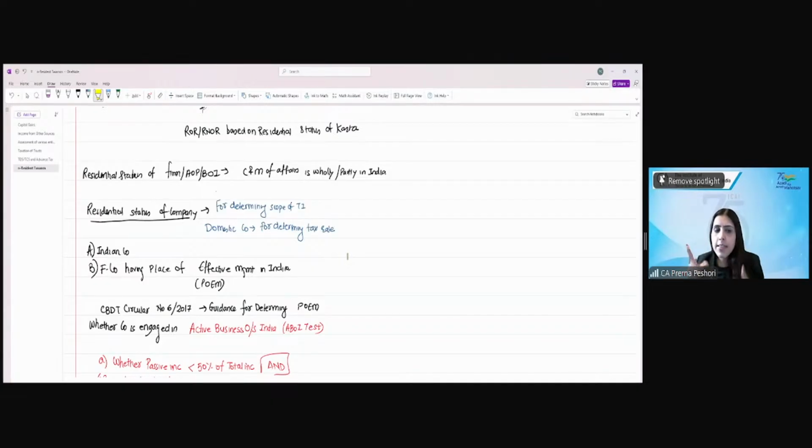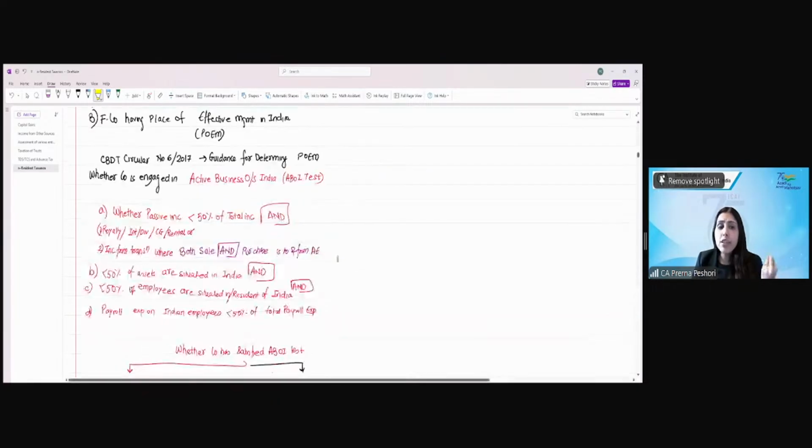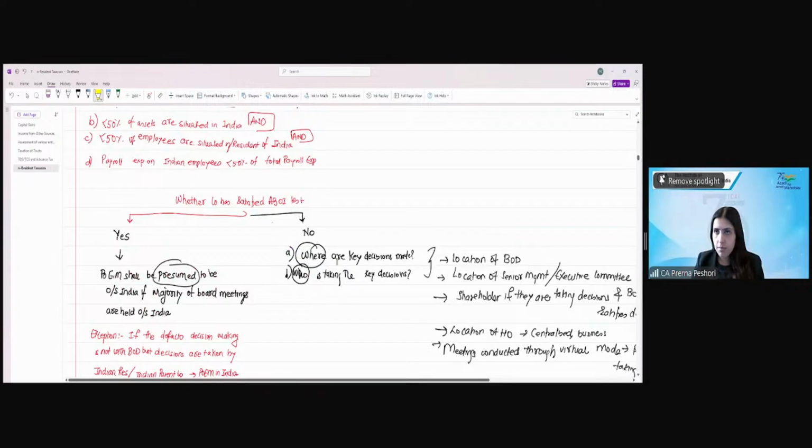So that's the reason why the CBDT came up with this test to identify whether the company has the active business within India or active business outside India. If the company has the active business outside India, let's say we satisfy all the 4 tests and we say that the active business is outside India, then the CBDT says we will presume that your POEM is outside India if the majority of your board meetings are also conducted outside India.